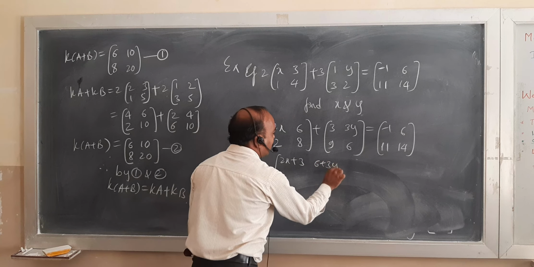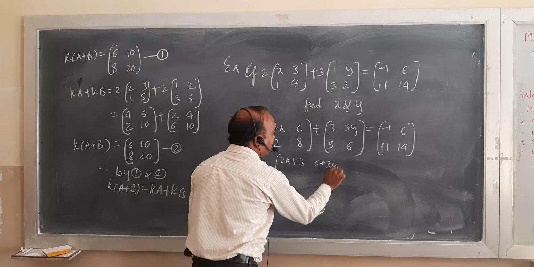Now it is 2x plus 3, 6 plus 3y, 11, 14, equal to the right hand side as it is: minus 1, 6, 11, 14.